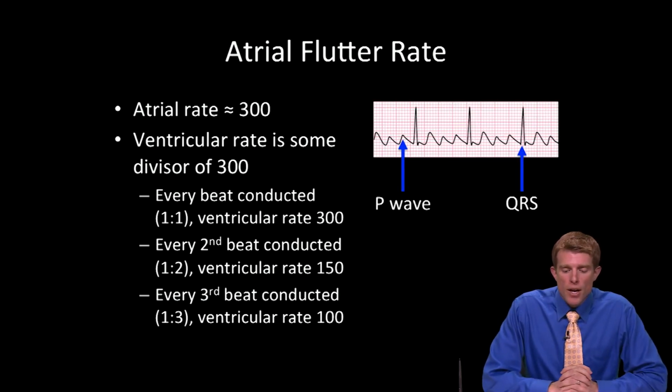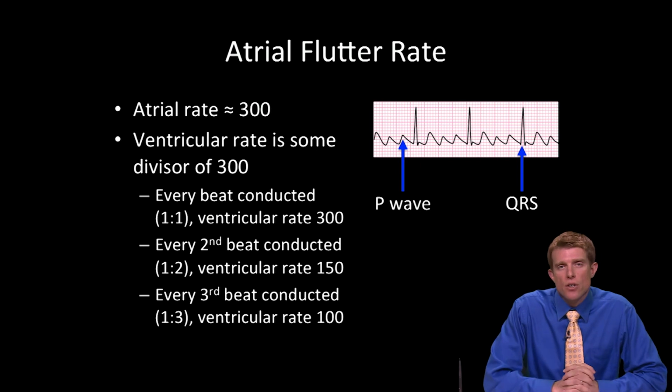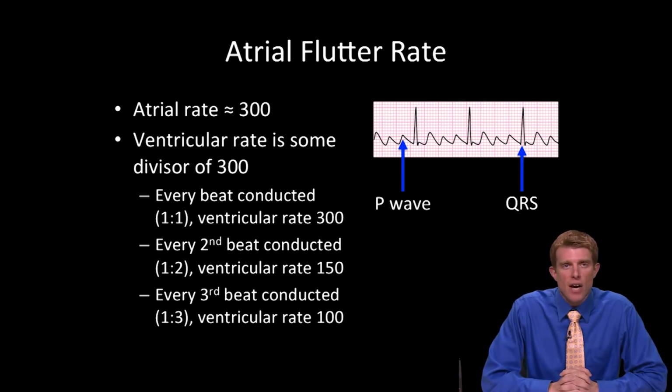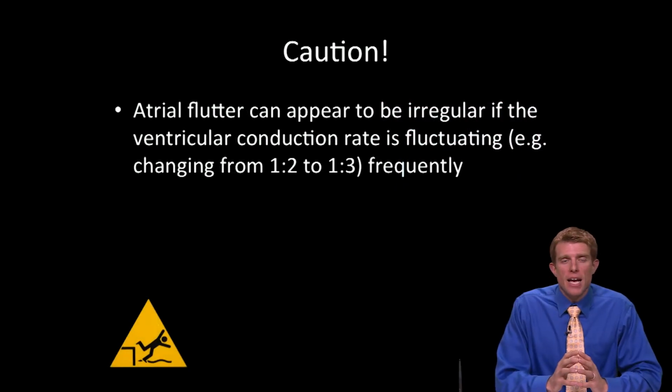So here's our P wave, and here's our QRS complex. We see that the intervals between those P waves was about 300, and the intervals between the QRS complexes is a divisor of 300. But you have to be careful, because atrial flutter, although it tends to be regular, can occasionally appear irregular.